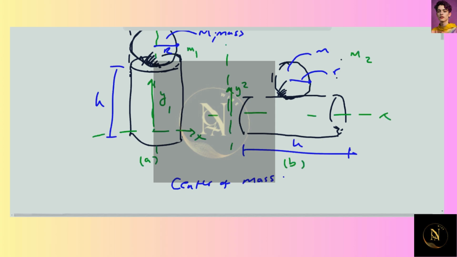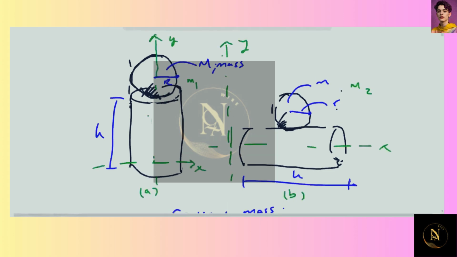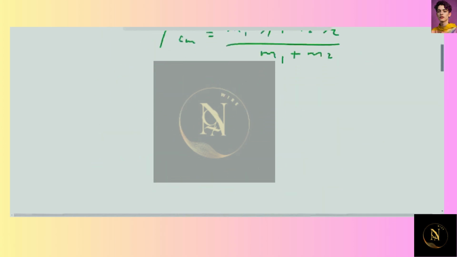Just to clarify, the formula is general, so we don't have to split that both ways. We just want to make sure that this is the y-axis and this is the x-axis. So this is A and this is B. We want to find the center of mass of each one of these items.